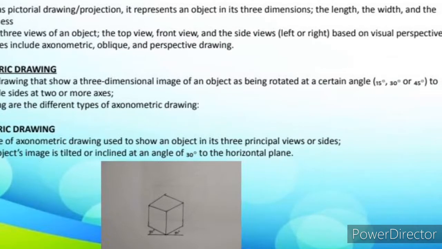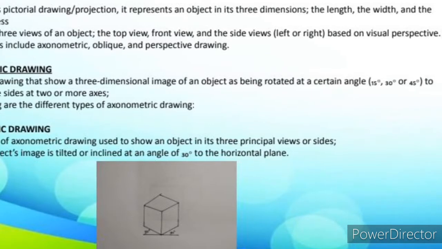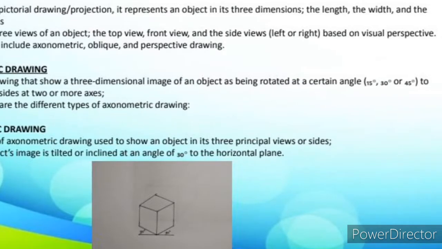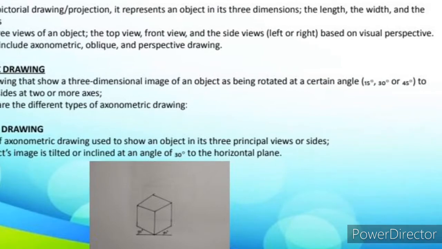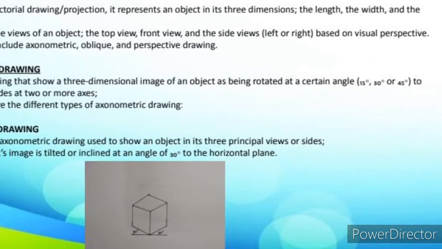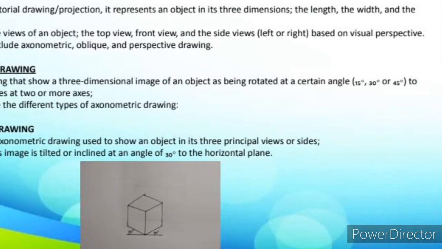First is the isometric drawing, a type of axonometric drawing used to show an object in its three principal views or sides. The object image is tilted or inclined at an angle of 30 degrees to the horizontal plane.